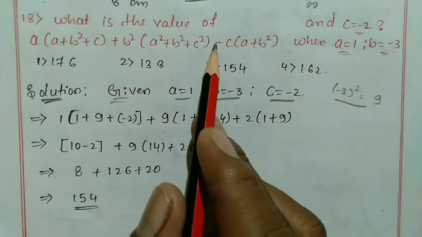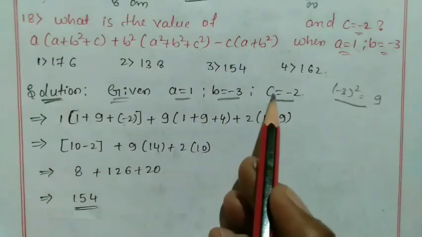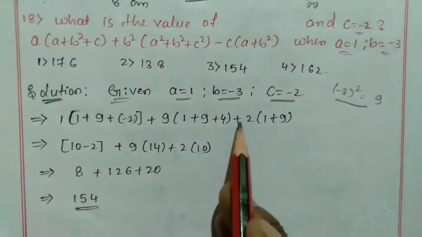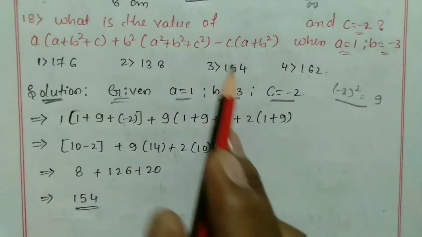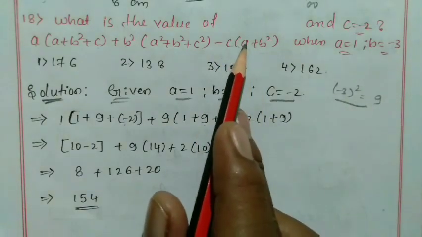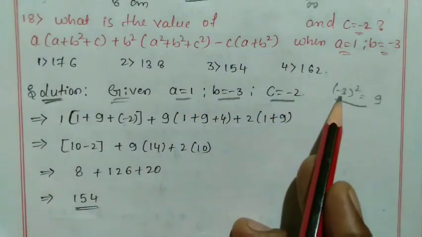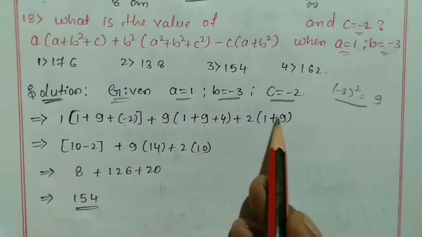Here minus C is there. So C value is minus 2, minus into minus is plus, C value you can write 2, into bracket A means 1 you can write, plus B square, that is minus 3 square, 9.